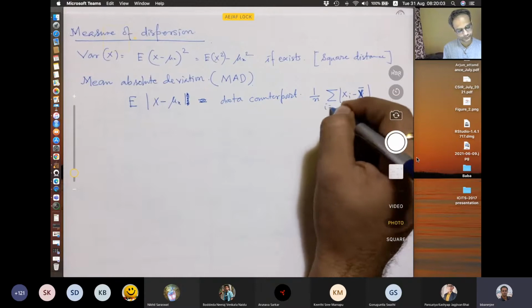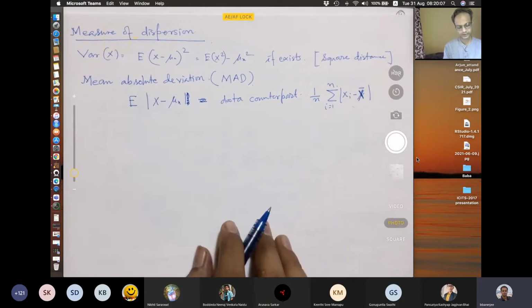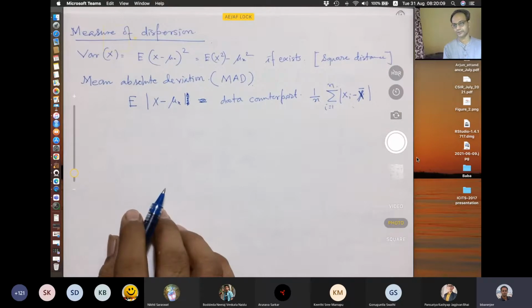So from data you use this, theoretically you use this.